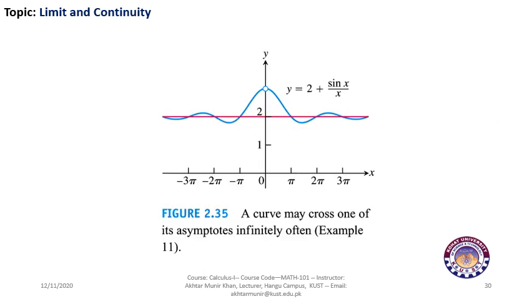Now consider another example. Suppose that y equals 2 plus (sin x)/x. Then as x approaches infinity, sin x over x vanishes, and in this fashion y equals 2 is the horizontal asymptote of this function.